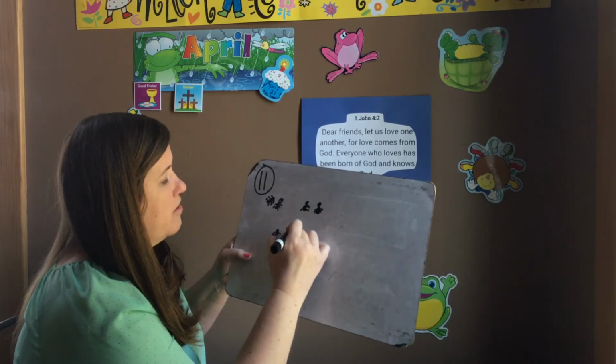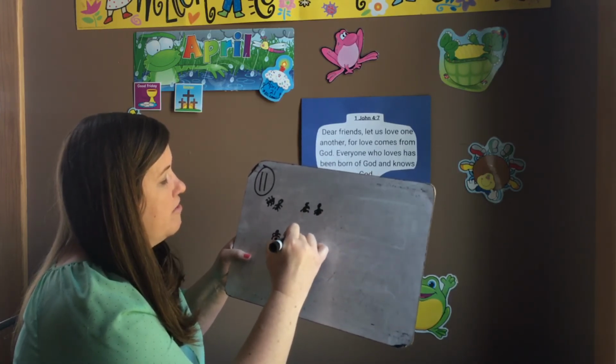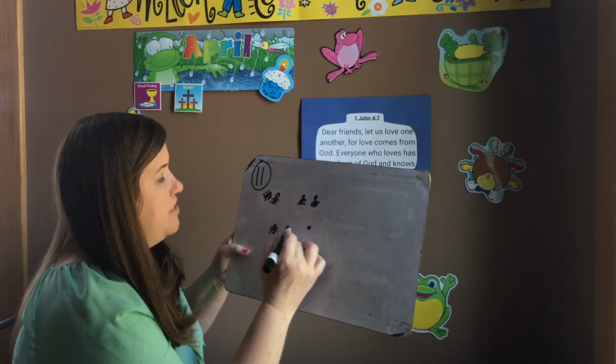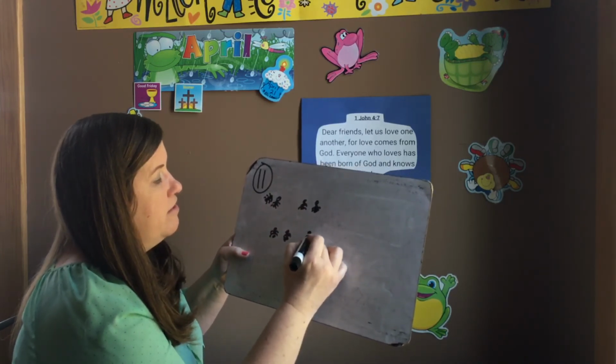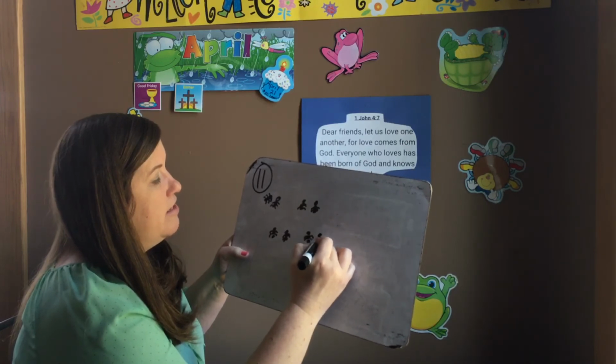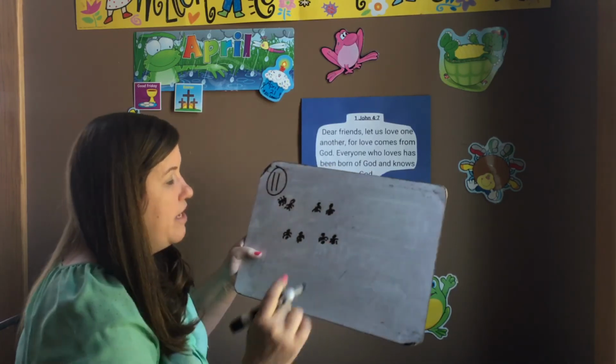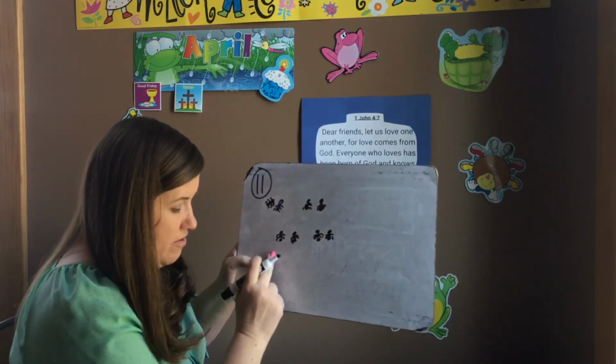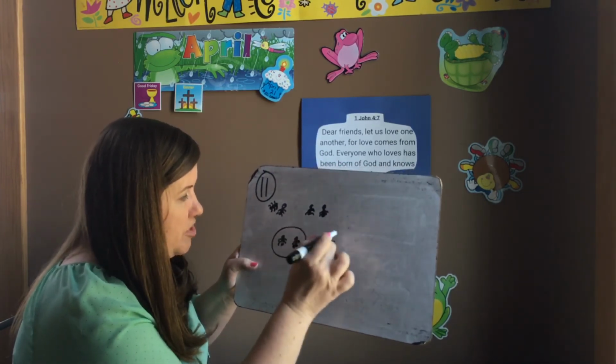Kind of do it quick. You can do them correctly if you want to. Kind of just slapping some legs on them. 1, 2, 3, 4, 5, 6, 7, 8. Okay, so they have 8 ants all together. They came in groups of 2.